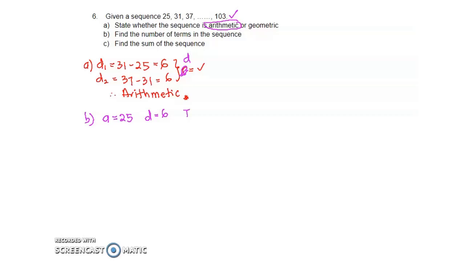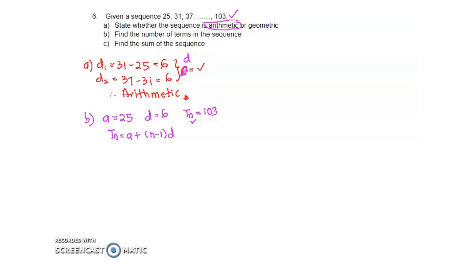In general, we call it Tn, but we do not know what the value of n is now. So Tn equals 103, the last number. Since we have info about Tn, we use the formula Tn equals A plus n minus 1 multiplied by D.